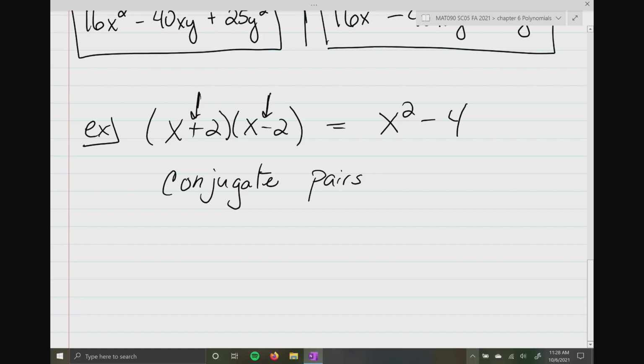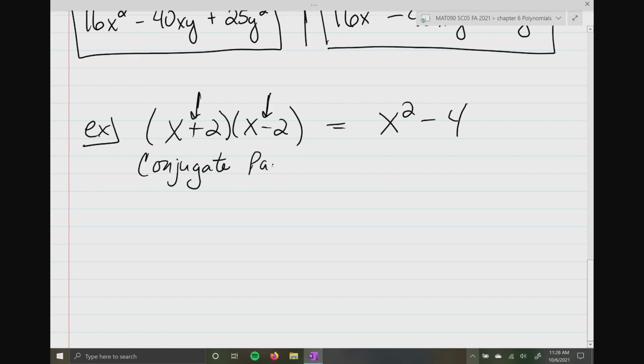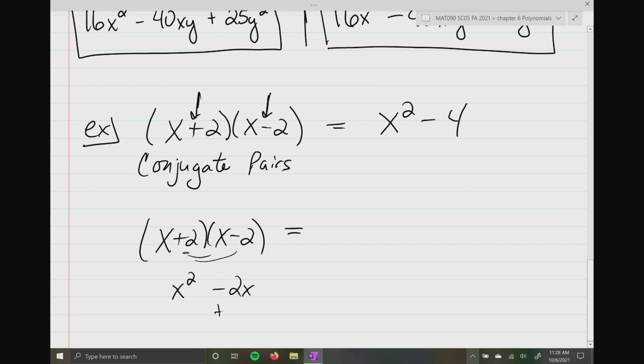What makes these so special is that when you distribute, you get x times x, which is x squared. x times negative 2 is minus 2x. Then 2 times x gives plus 2x, and then minus 4.